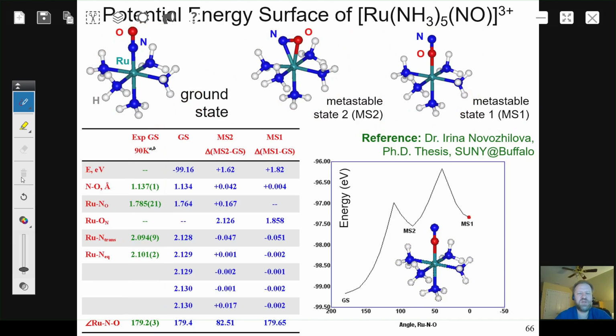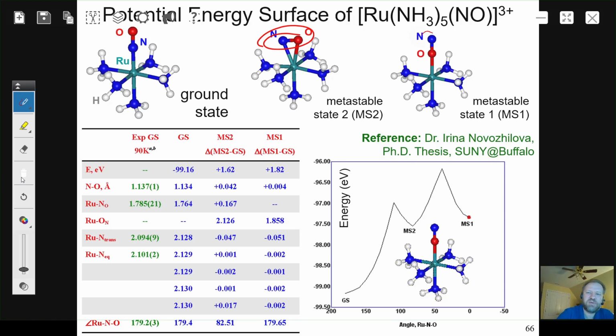What's the difference between those metastable states and the ground state? Well, you can see in metastable state 2, the nitro group is actually bonded sideways. Okay, so this is some sort of pi-type interactions between the nitro group and ruthenium. So obviously, of course, all these bonds involve d orbitals.